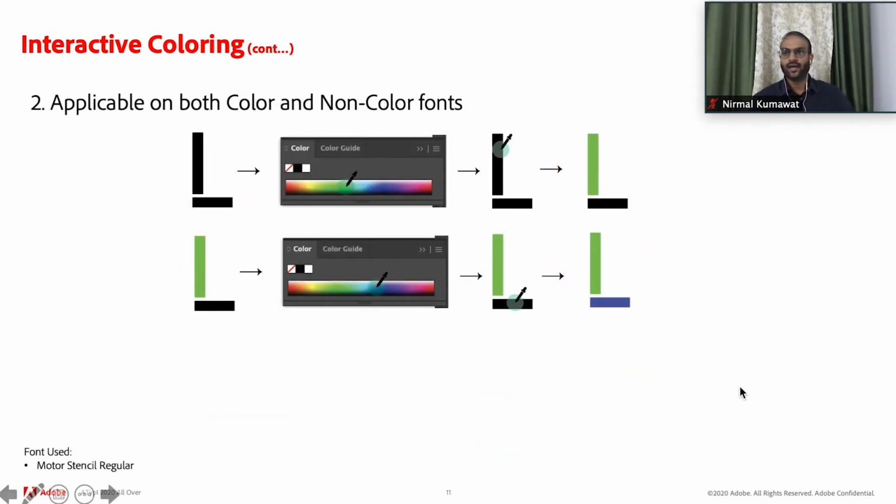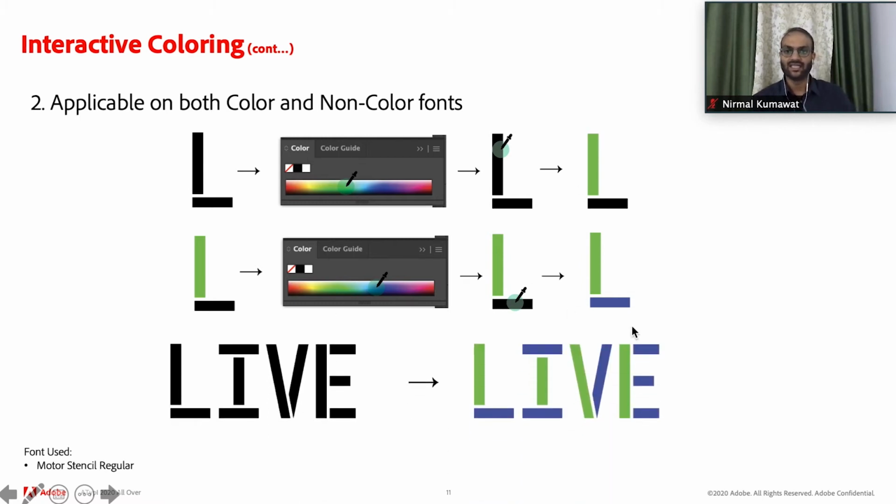So, interactive coloring is not just applicable to color fonts, but also to non-color fonts. In the example, glyph L has two different subpaths, and I can color each path individually as per my desire. A set of new glyphs can be redesigned based on my colors.